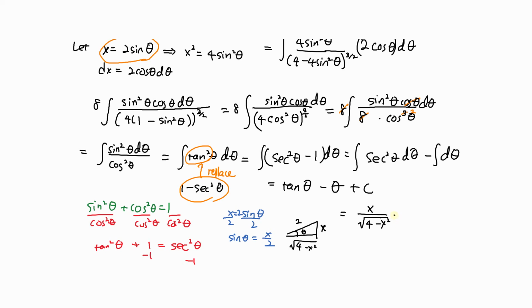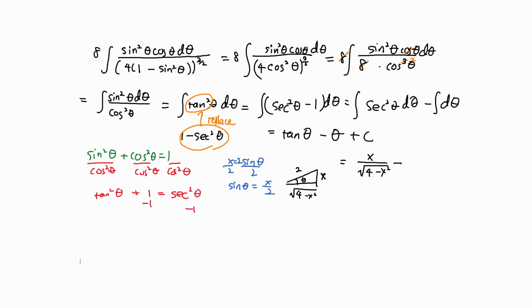I have to take the minus here because I have a minus in front of the theta, and the theta itself can be solved by putting the inverse on both sides of sine theta equals x over 2. The composite function of sine with its inverse simply yields theta, but don't forget to apply the inverse sine on the right side as well.